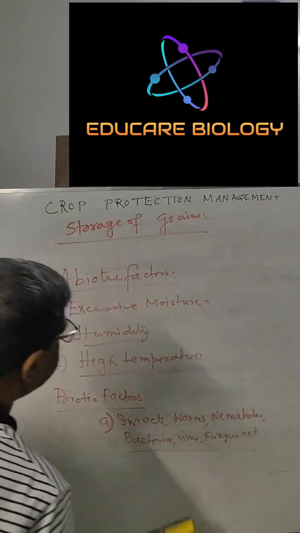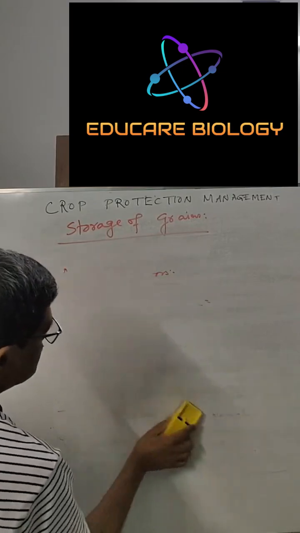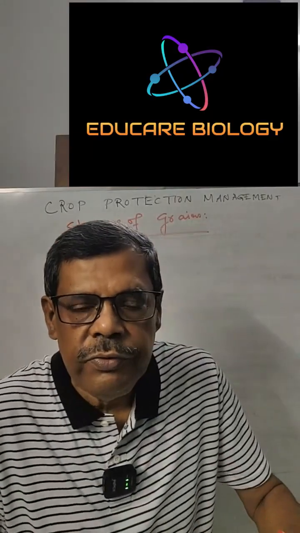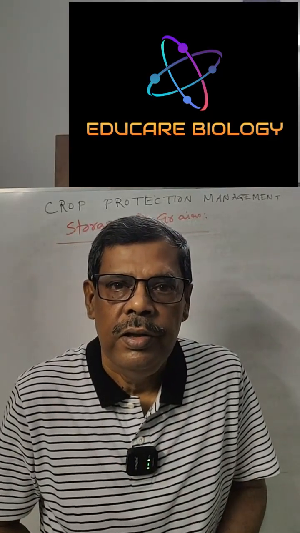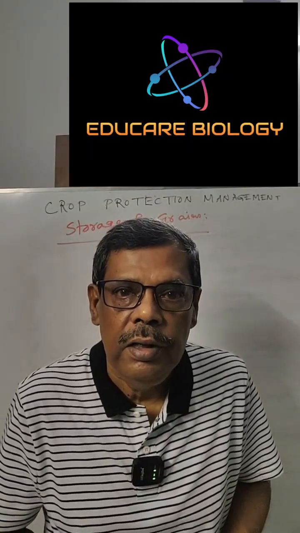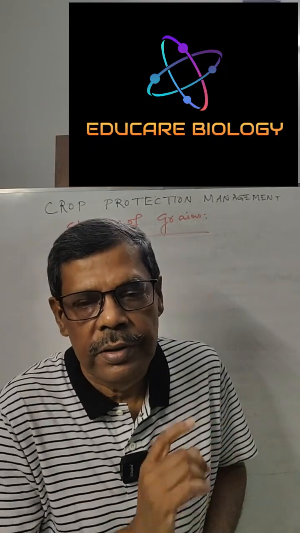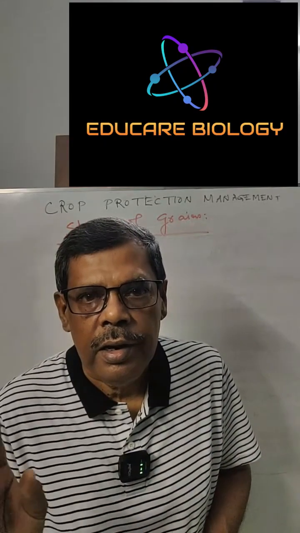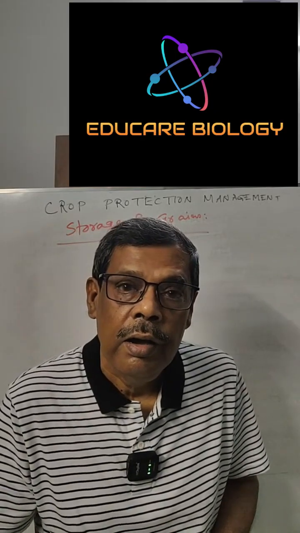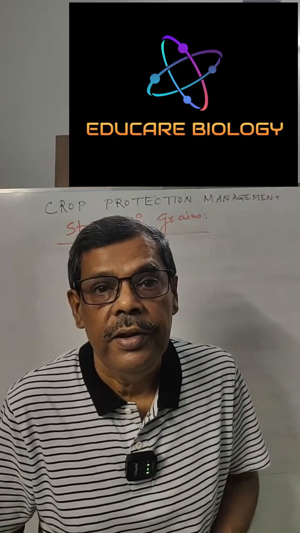Next, effective measures. First cleaning, second drying. I have discussed cleaning and drying. Next, another type of control measure is hygiene.